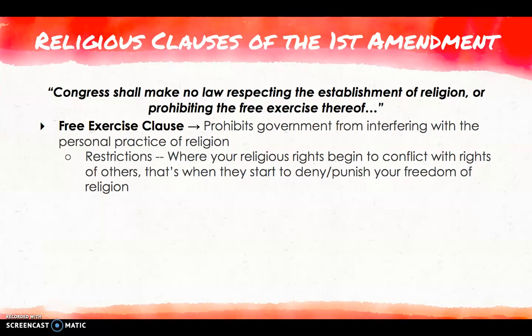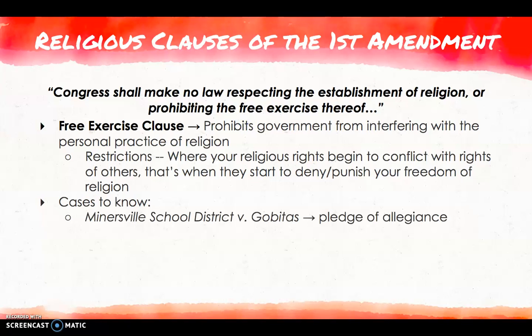Where your religious rights begin to conflict with the rights of others, that's when they start to deny or punish your freedom of religion, meaning maybe the practice would be illegal or deeply opposes the interests of the community. So some cases to know that are examples of the Free Exercise Clause in action: Minersville School District versus Gobitas, dealing with the Pledge of Allegiance in schools.